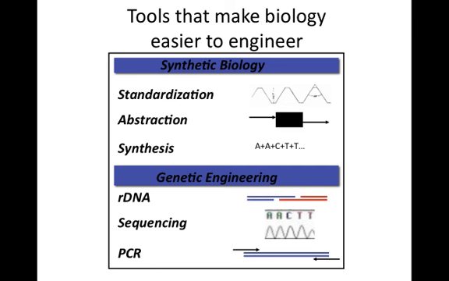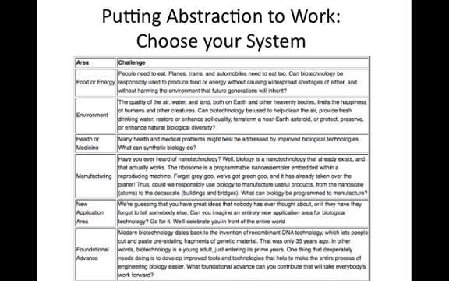One way to apply this abstraction hierarchy and to see its usefulness is to start to develop systems of your own. So if you start with a system that you are particularly interested in, be it a system to address food and energy needs or health and medicine, foundational advances, all sorts of things are possible.